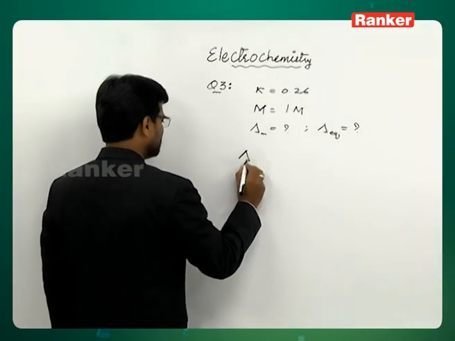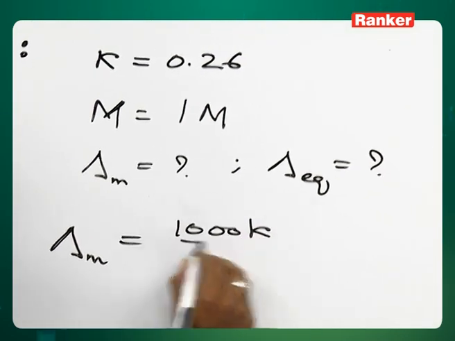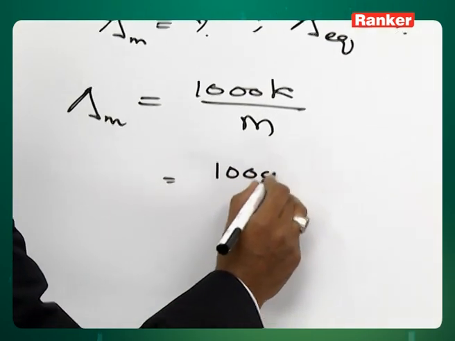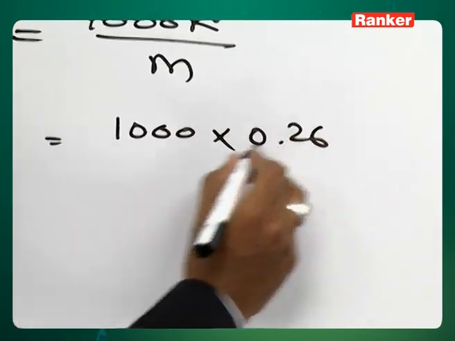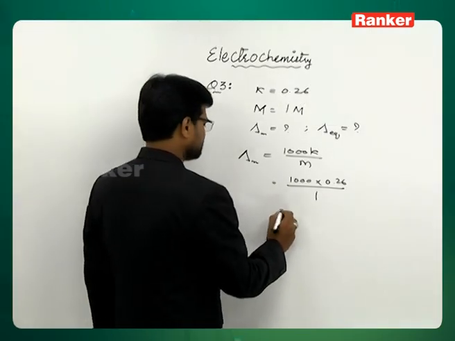See, we have an expression lambda m equals 1000 kappa by M. If you put the values, 1000 into 0.26 by 1, that comes to 260.